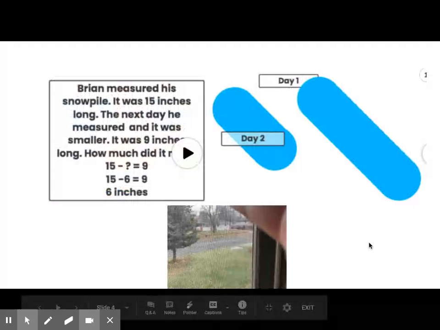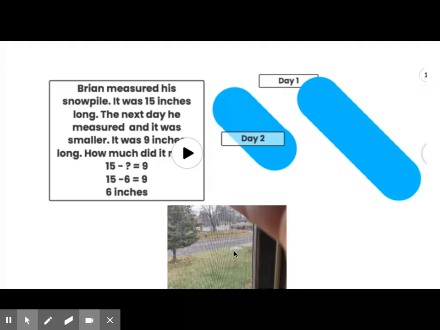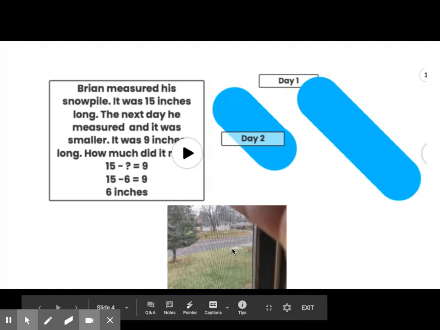Over the break, I hope you are going to be paying attention to snow. Brian has been paying attention to this little snow pile right here in his yard, and he has been measuring that snow pile.